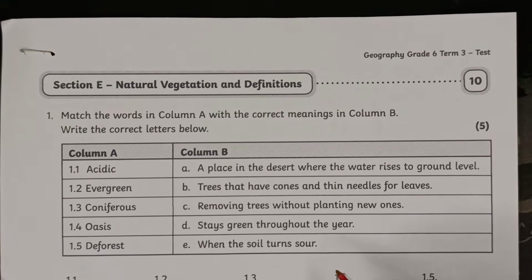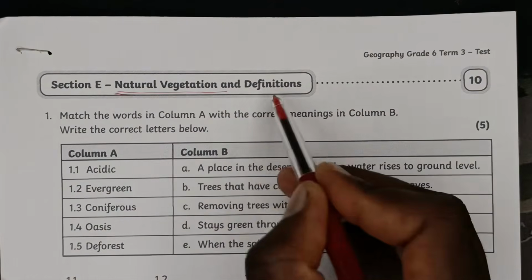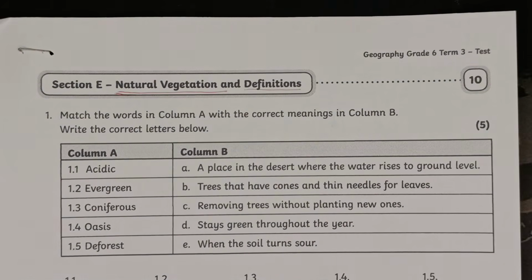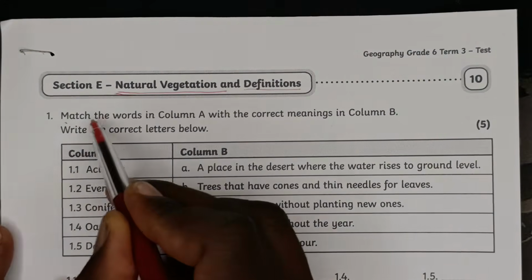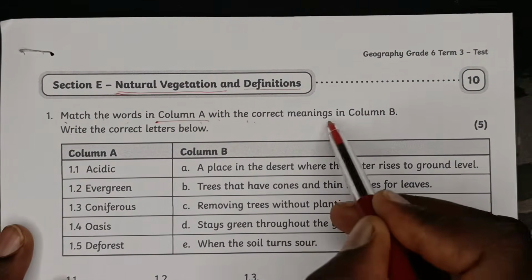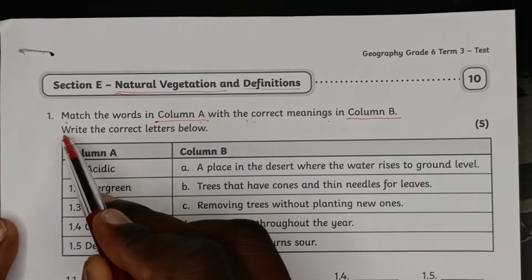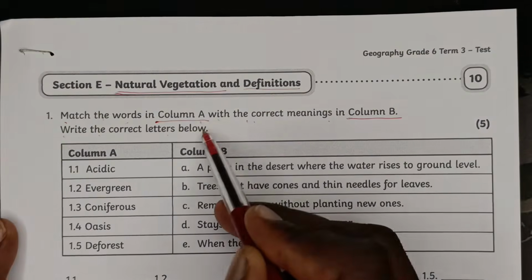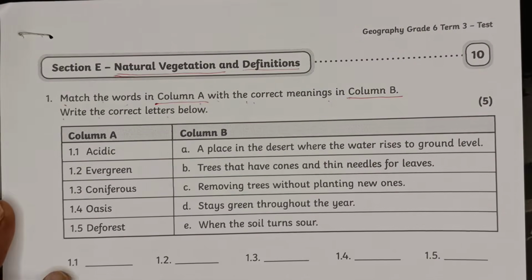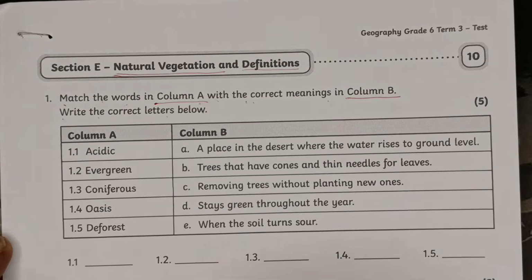So section E talks about natural vegetation and definitions. So we're going to focus on natural vegetation and definitions. So they say match the words in column A with the correct meanings in column B. You write the correct letter below. So the correct letters are supposed to be written here.